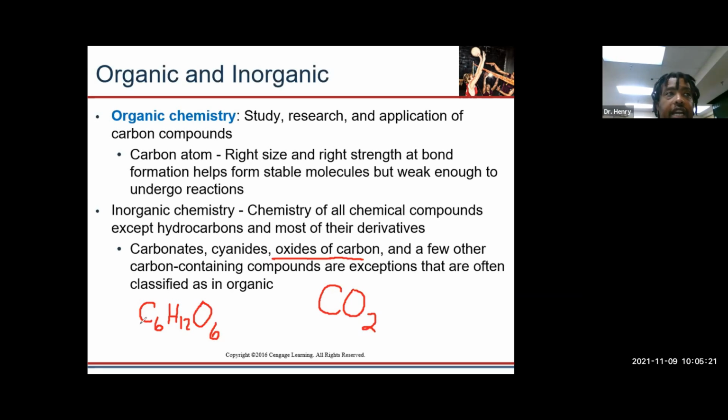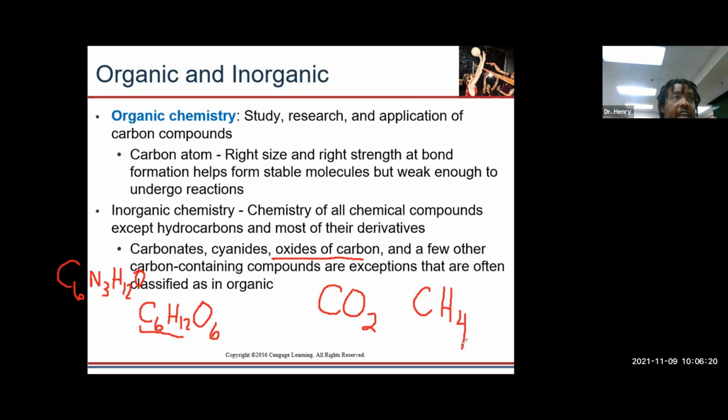Now, this would actually be considered organic because it has that hydrocarbon base, and this oxygen makes it a derivative of it. So this would be considered an organic compound. How about that guy? Yes, that's right, that would be considered organic. And then how about this guy? Yes.